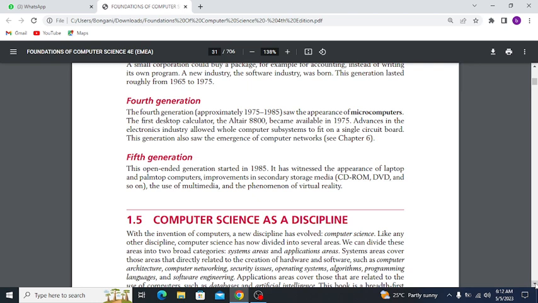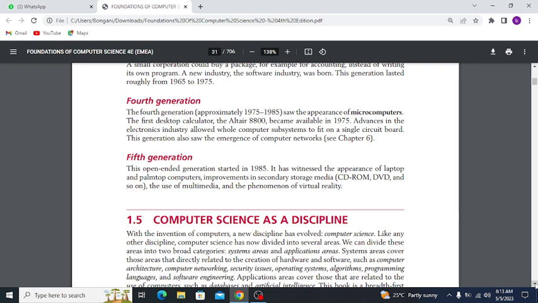The fourth generation, approximately 1975 to 1985, saw the appearance of microcomputers. The first desktop calculator, the Altair 8800, became available in 1975. Advances in the electronic industry allowed the whole computer subsystem to fit on a single circuit.